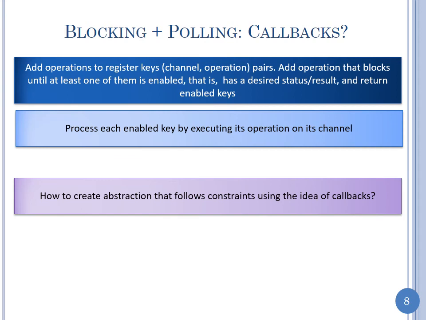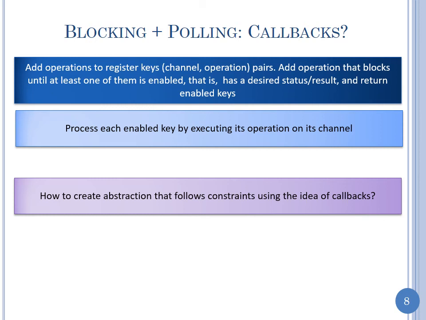So the challenge then is how to create this abstraction. And whenever we design a new abstraction, there's so many different parts that there's no clear-cut answer to how that abstraction should be created. But based on what I've seen in the interaction with you guys, we can probably narrow the design if I tell you that we're going to support callbacks.